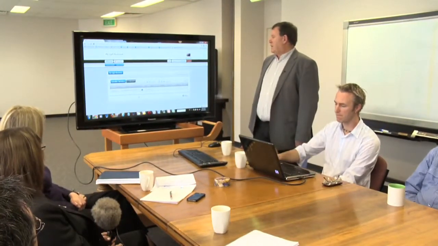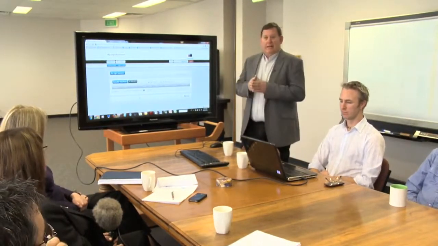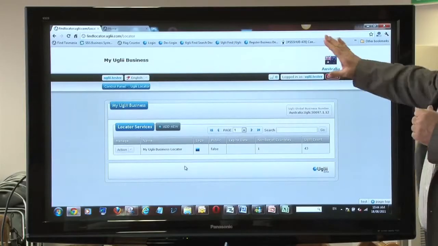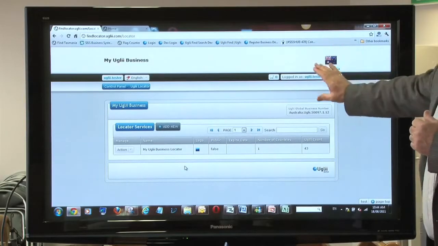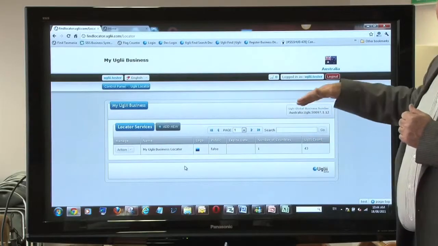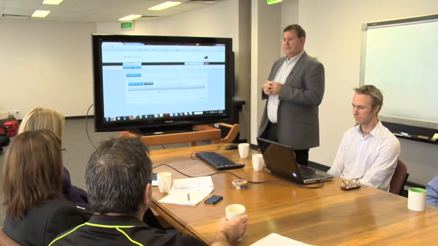Okay, now the pricing for Australia and for our Tier 1 countries, which are developed countries, is $500 per year for that facility in a country, like in Australia, plus there's a $4 fee per Ugly that you include in the locator.